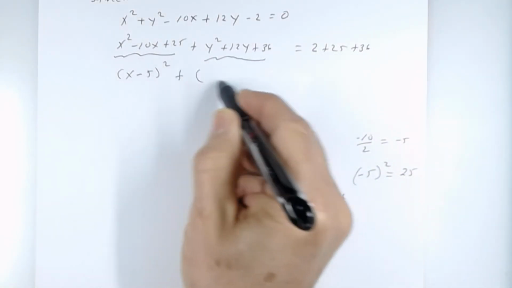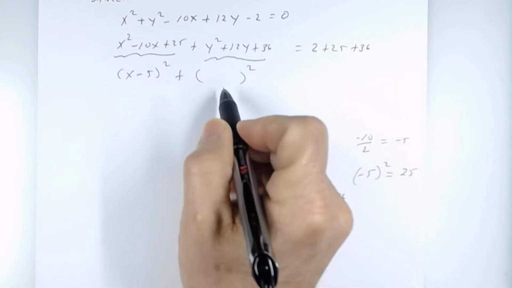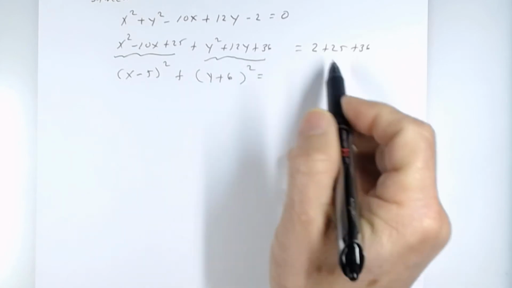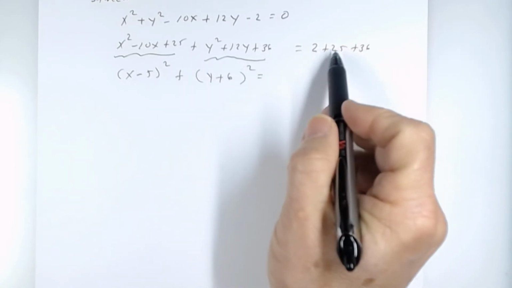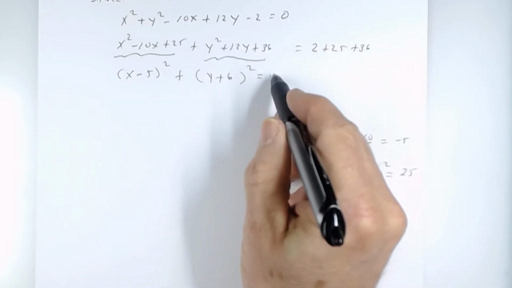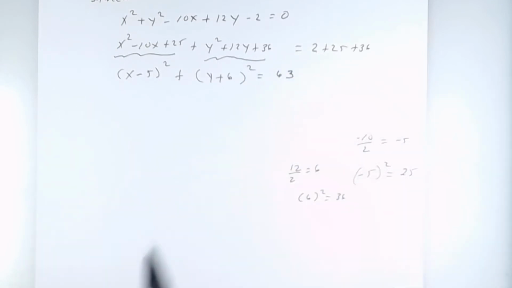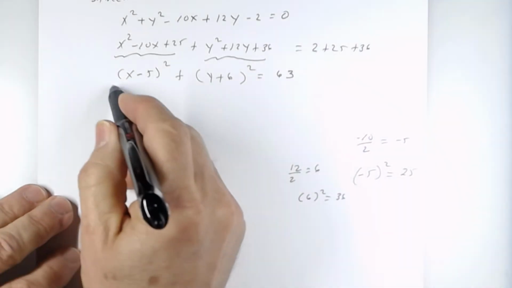So you can say plus, in parentheses, what's going to be that binomial squared? Y plus 6. Okay, and that's going to equal 2 plus 25 plus 36, which is 63. Now, you wrote it in standard form. That's what standard form looks like, so there's your answer in standard form.